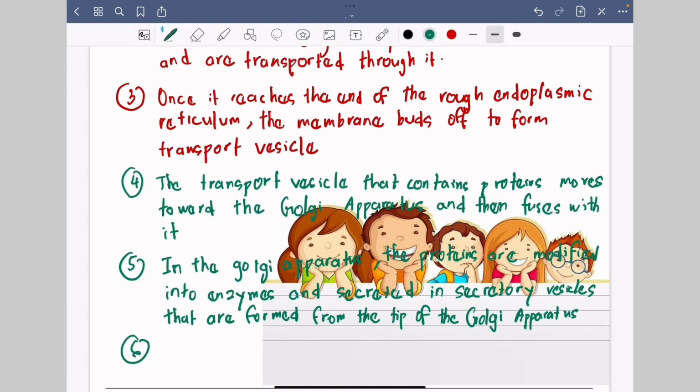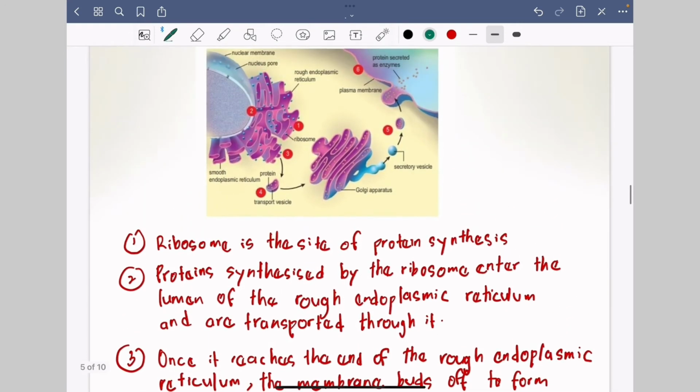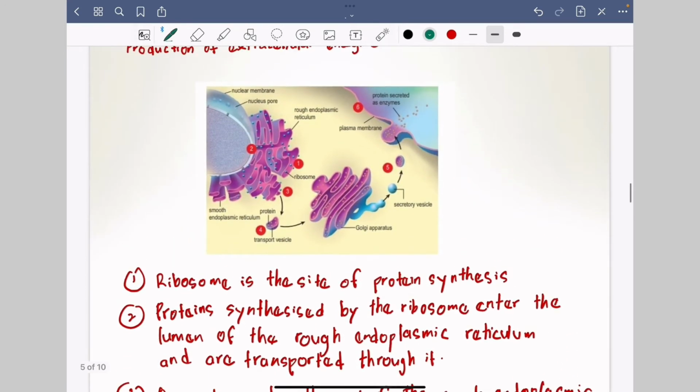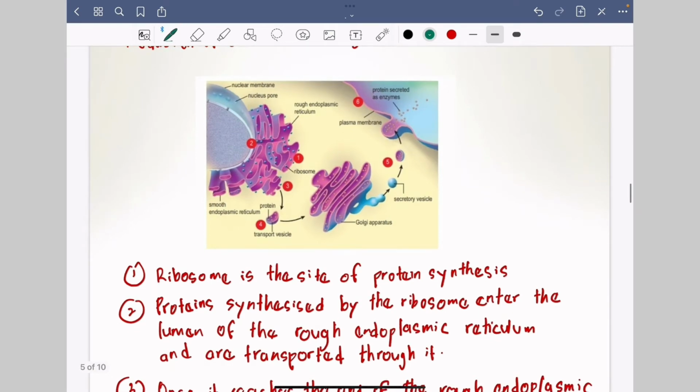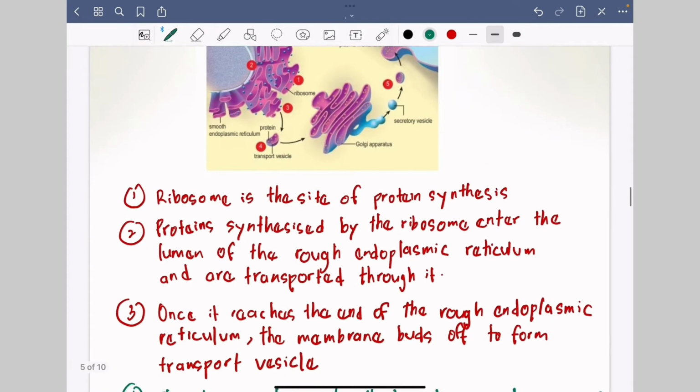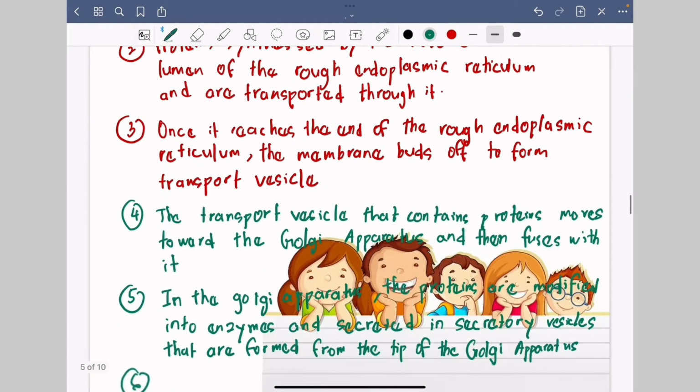And lastly, this secretory vesicle will transport the enzyme within it and then fuse with the plasma membrane so that it can secrete the enzymes out of the cell.